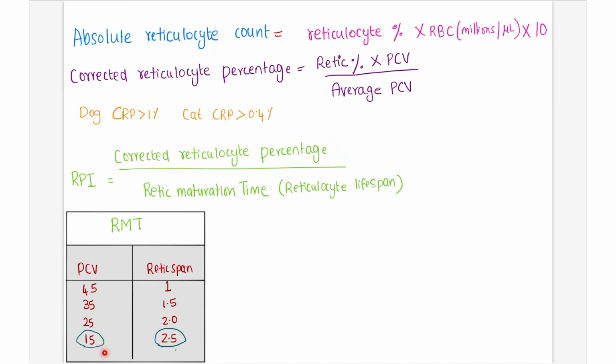And if the patient has PCV less than 15, then the RMT value is going to be 2.5. So as the PCV decreases, RMT increases. For every decrease of 10 in PCV, RMT increases by 0.5. This is the easiest way to remember this table.